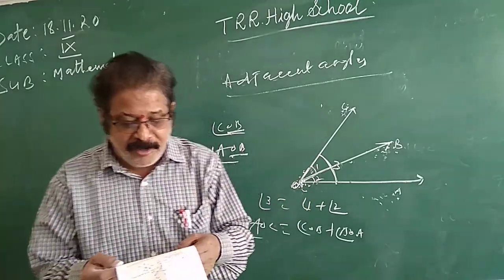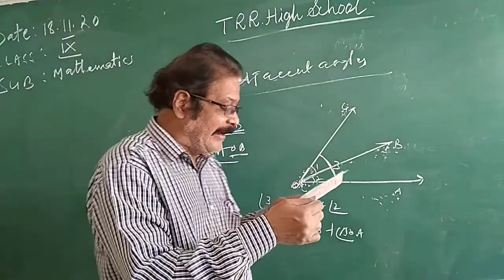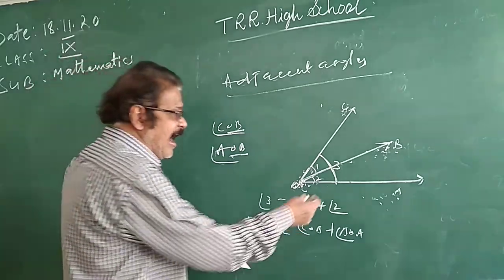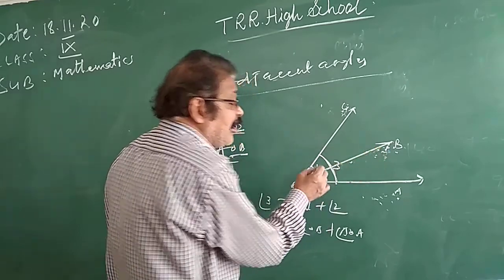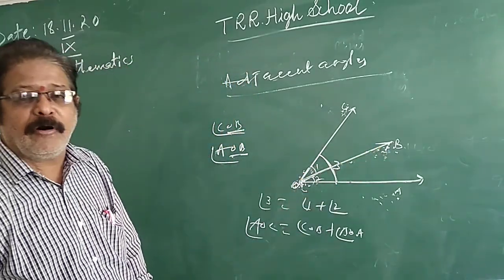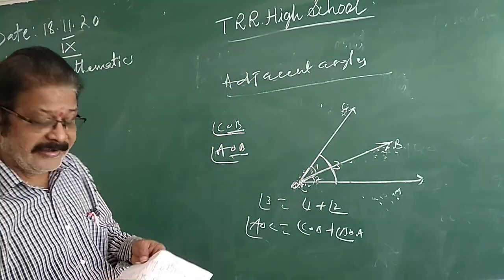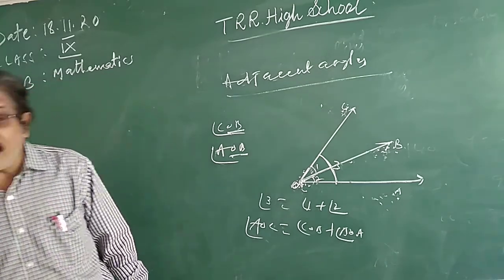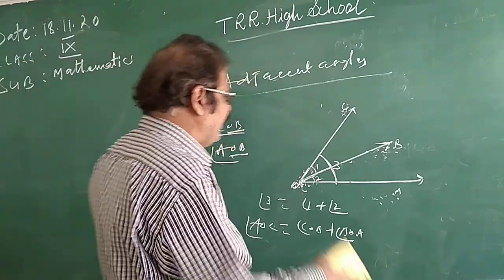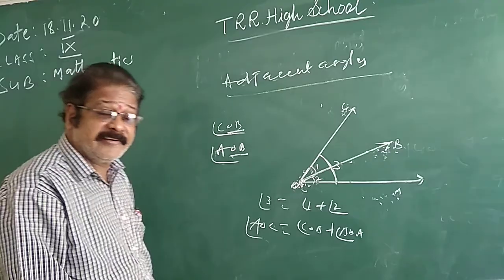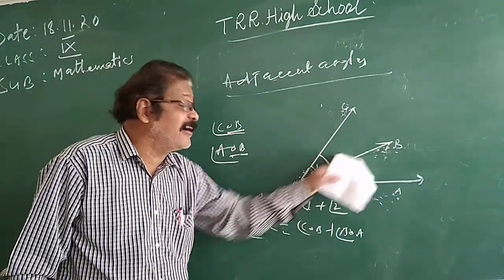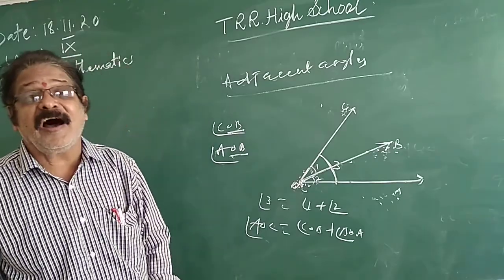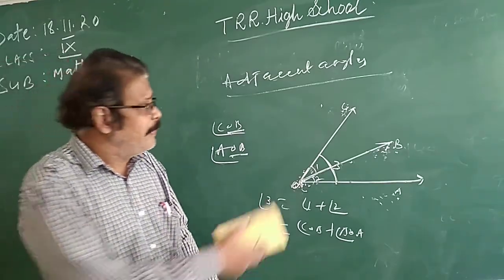The angles arranged on either side of the common ray, or common arm, are called adjacent angles. Children, I hope you understood very clearly about adjacent angles.